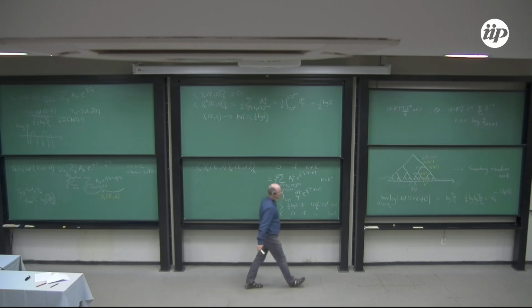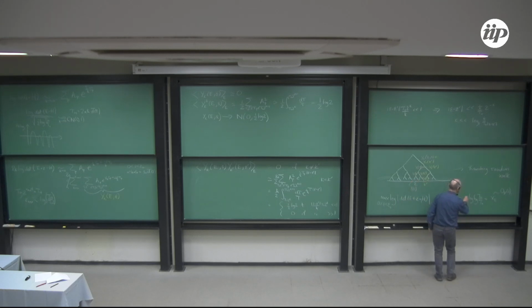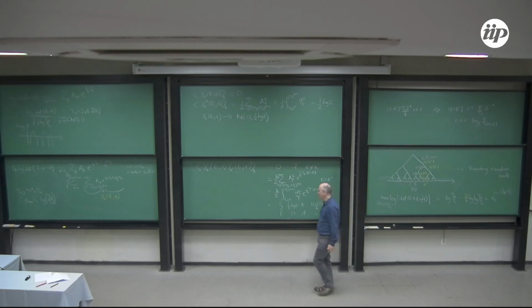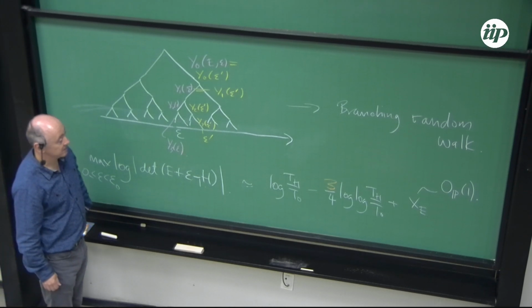That would be the prediction you'd be led to. But it's not right. And in fact, the correct formula has a 3 there. And this is a well-known result in the theory of the branching random walk. And it would be what you would be led to if this semi-classical picture that I've sketched for you is accurate.